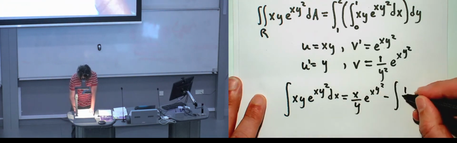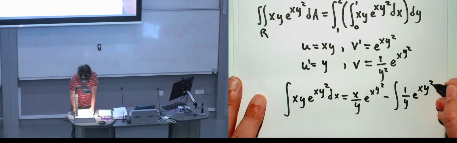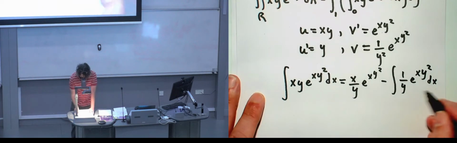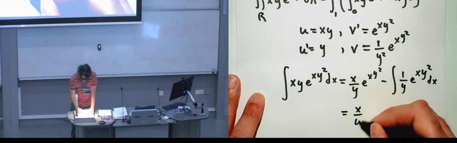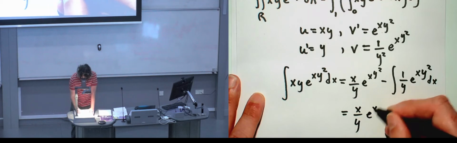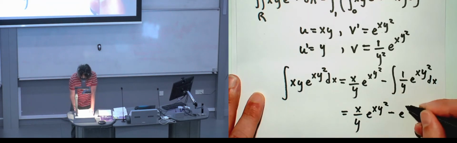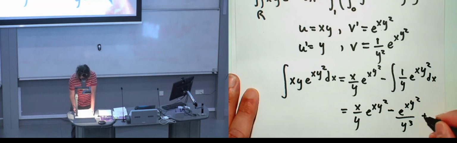So that would be 1 over y e to the xy squared. And then we'd have to do this one. We would get minus e to the xy squared over y cubed, it looks like, plus c.